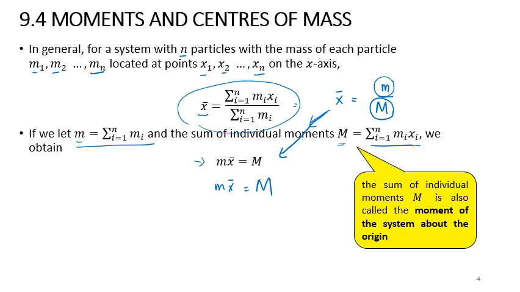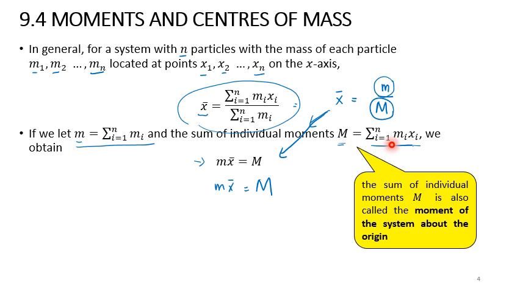The sum of the individual moments, capital M, is also called the moment of the system about the origin. Little m is just the total mass: you just add m1, m2, m3 until mn.